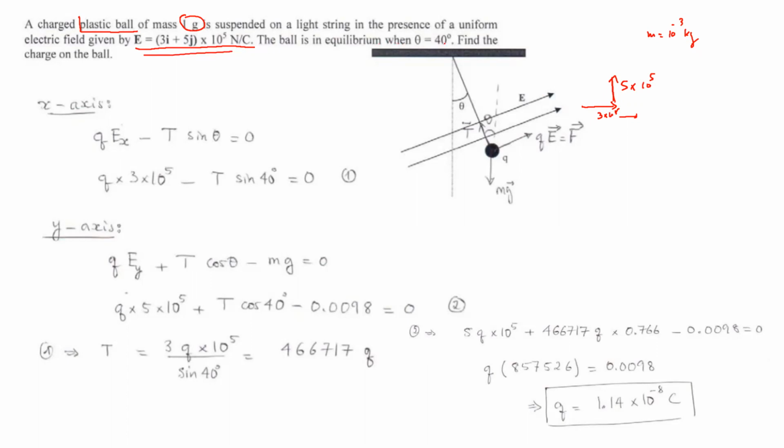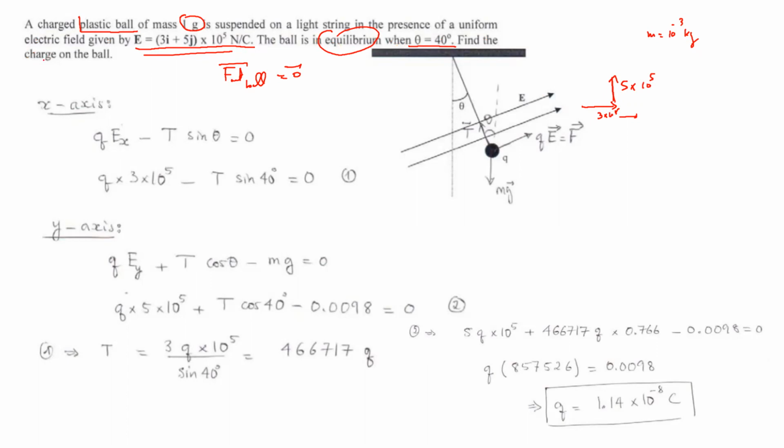Now the ball is in equilibrium. This is very important. Equilibrium means net force is equal to 0. Net force on ball is equal to 0. The ball is in equilibrium when theta is equal to 40 degrees. Find the charge on the ball. Good.